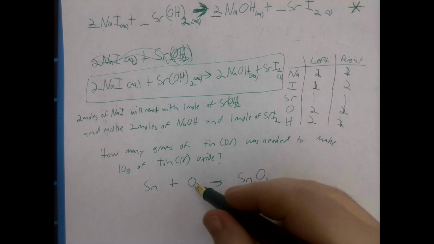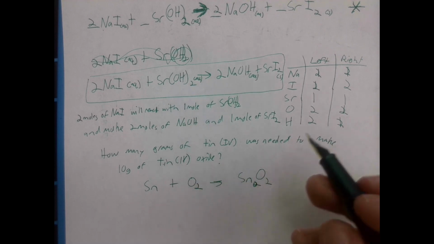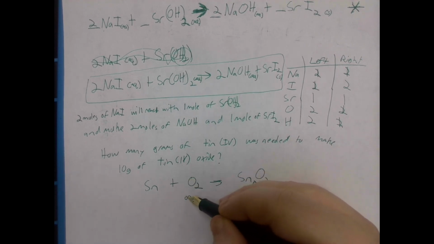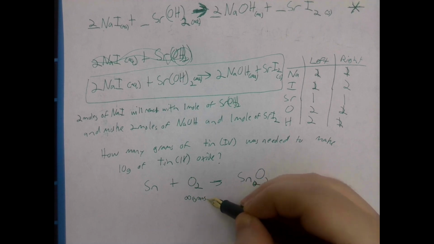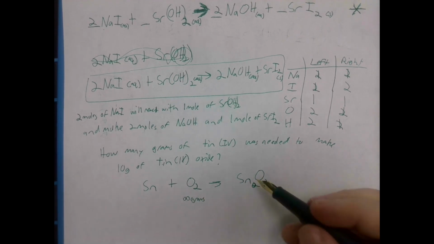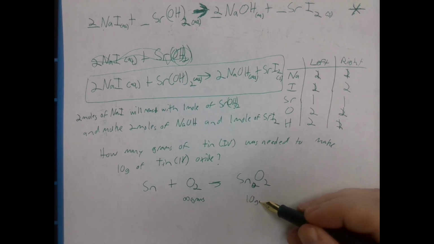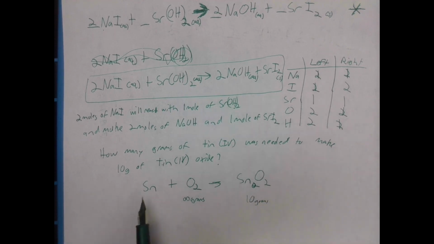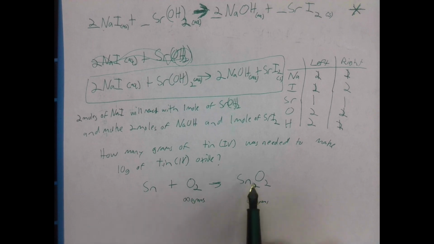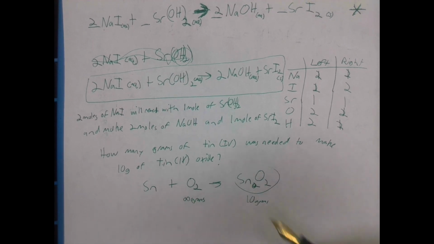It doesn't tell you how much oxygen, so we assume we have an infinite amount of oxygen. So we have an infinite number of grams of oxygen. But we're trying to get 10 grams over here. Well, we know 1 mole of this and 1 mole of that gives us 1 mole of this. So how many moles of this do we have?